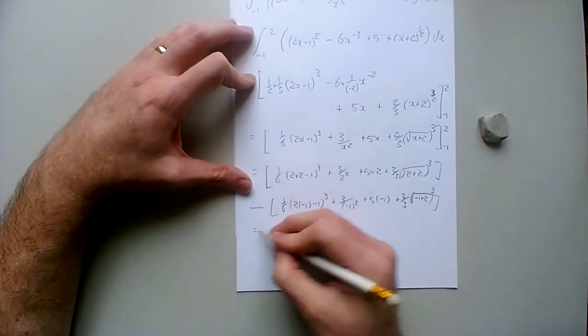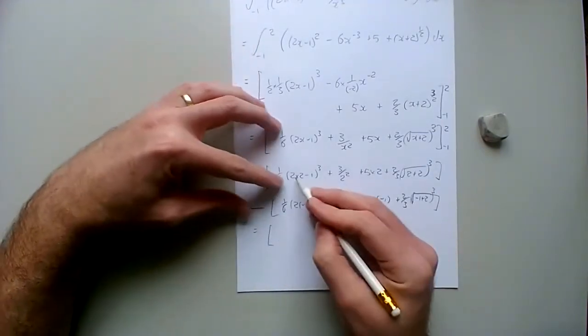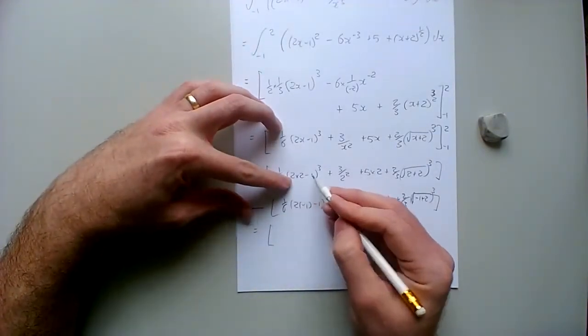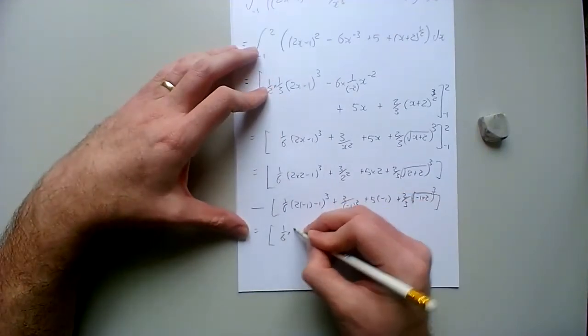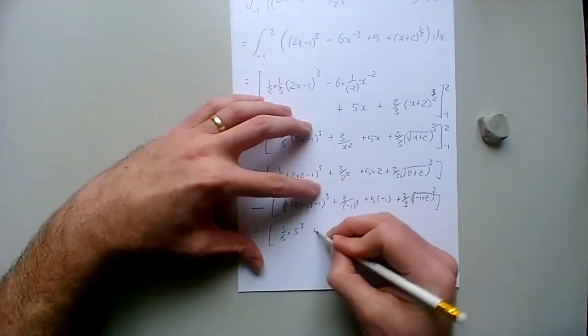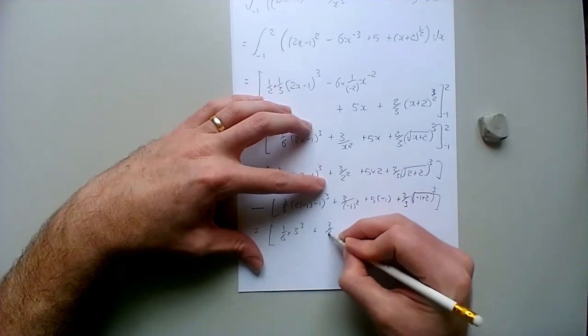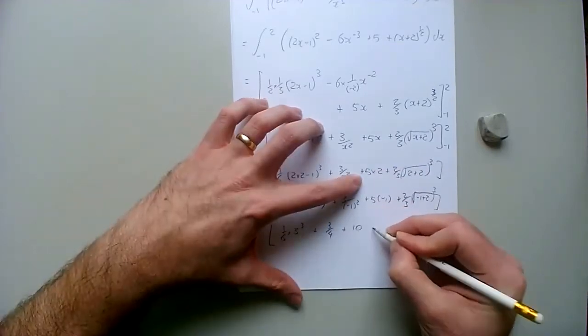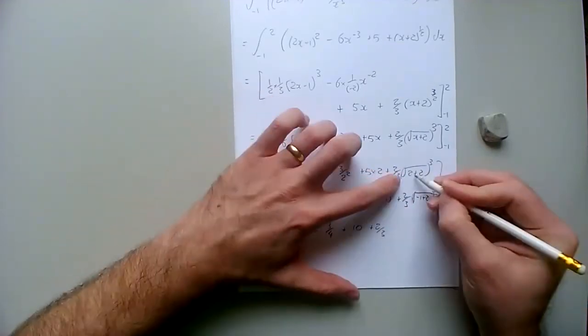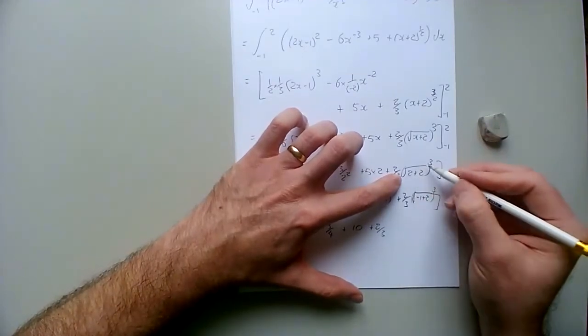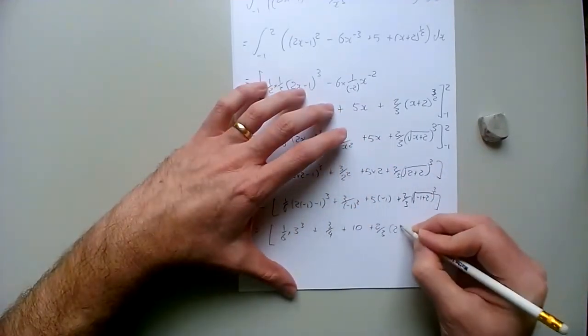Okay, let's see. So 2 times 2 is 4, minus 1 is 3, so I've got 1/6 times 3 cubed, plus 3 on 2 squared is 4, plus 10, plus 2/3 of, now 2 plus 2 is 4, and the square root of 4 is 2, so 2 cubed.